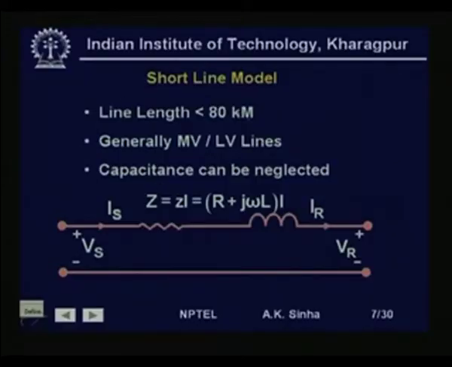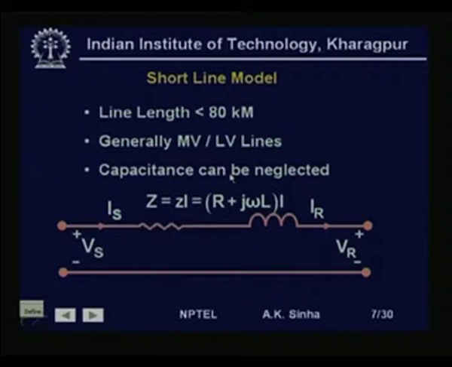Also, these lines are generally medium voltage and low voltage lines, because these are very short lines, and therefore also the charging current, because the voltage being small, will also be much smaller. So, generally for line lengths less than 80 kilometer, which are generally medium voltage or low voltage lines, sometimes even high voltage lines can be there, the capacitance for these lines can be neglected.